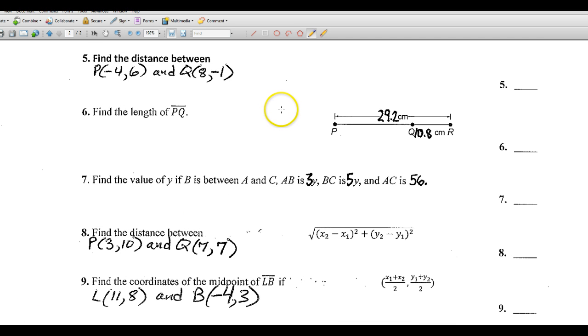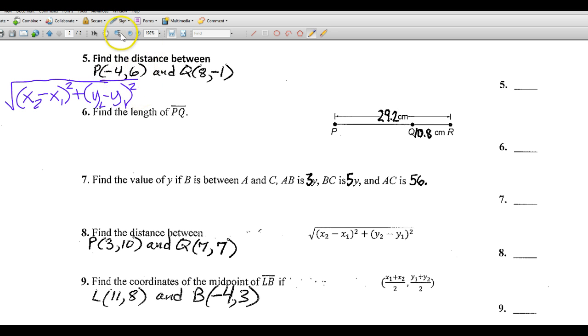For number 5, we want to find the distance between points P and Q. So we need to use the distance formula. So the distance formula is the square root of the quantity x2 minus x1 squared plus the quantity y2 minus y1 squared.